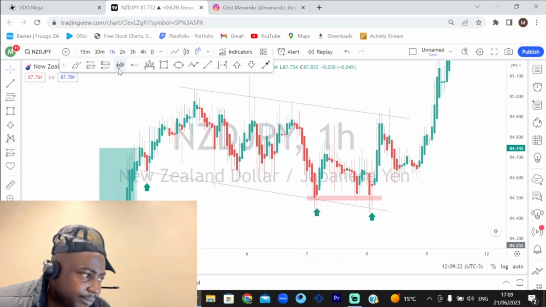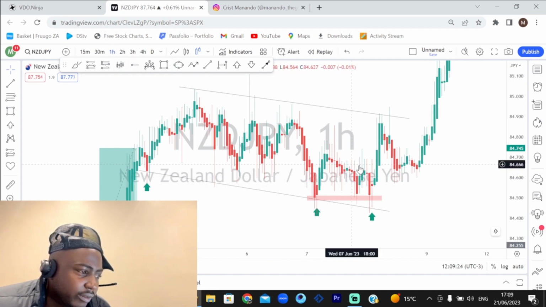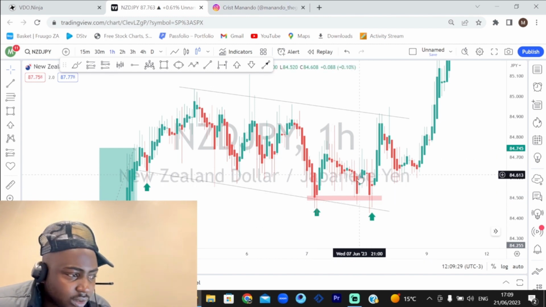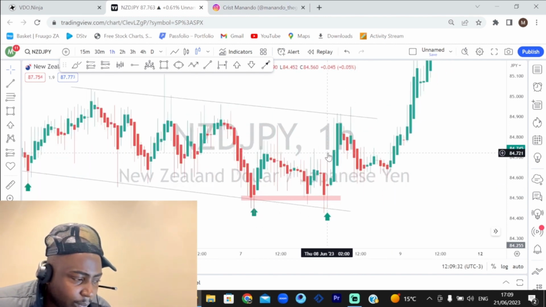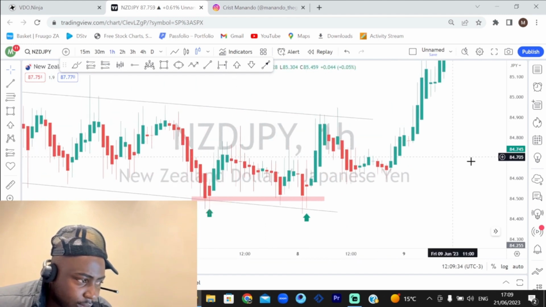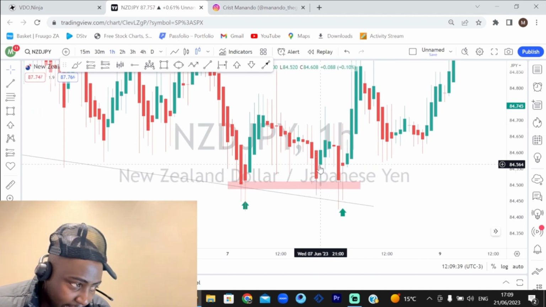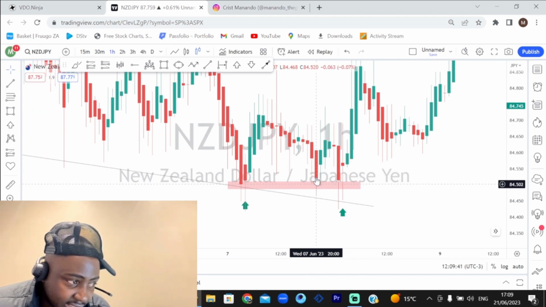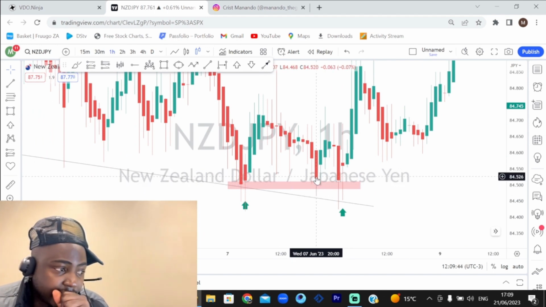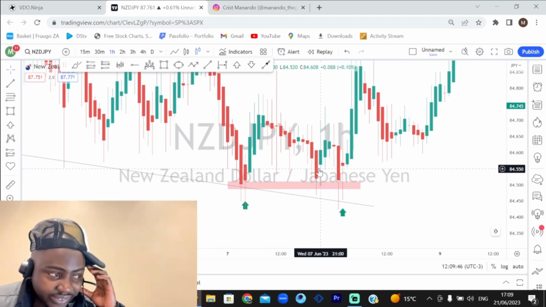Personally, I would have waited for several candlesticks to form. I'm gonna tell you why I wouldn't have considered this touch, sorry, as my entry, right?